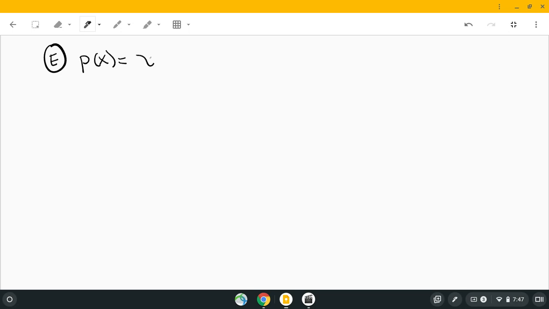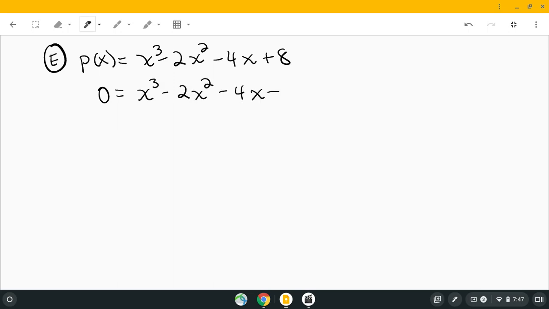P of x equals x cubed minus 2x squared minus 4x plus 8. All right. So we let y be 0. And for this one, they don't have anything in common, so we can't factor anything out. This is not a quadratic trinomial, so we can't do that cute little factoring that we do.